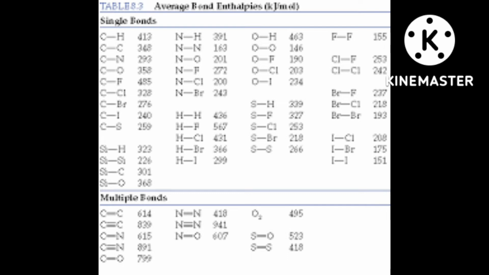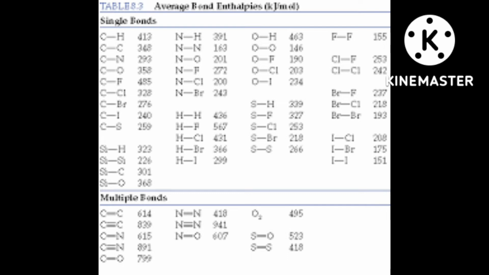First is bond dissociation enthalpy, and second is mean bond enthalpy. These two terms are used. Now understand these two. Both are telling about the same thing, but a minor difference is there. Then you will understand. Now just try to understand.